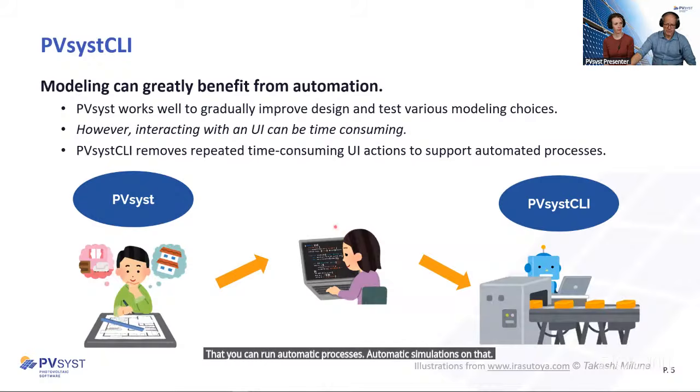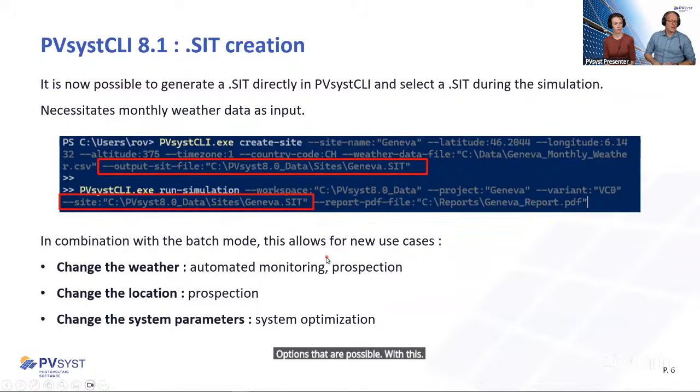And in principle, there are a few options that are possible with this. First of all, you can run simulations. So you choose a project, a variant, and you run the simulations. You can create output files with the simulation results, and you can specify this as parameters on your command line.